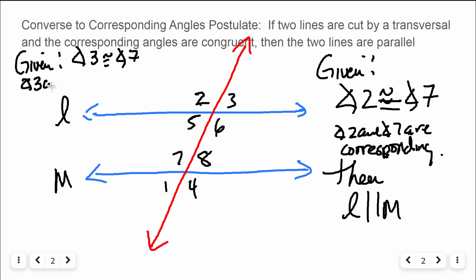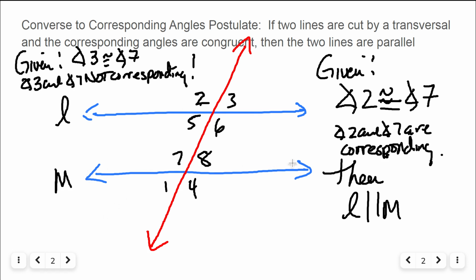Angle 3 and angle 7, they're not corresponding. Since they're not corresponding, you can't say that L is parallel to M. 3 and 7 are congruent, but they're not corresponding. Since they're not corresponding, you can't say the two lines are parallel.